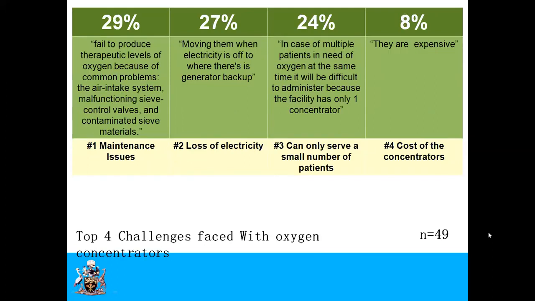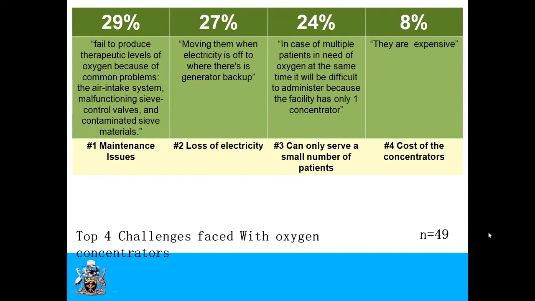Those with concentrators, the issues were a little bit different. The first one was maintenance issues, and this is also supported in what you find in the literature. They fail to produce the level of oxygen that you require, or they simply malfunction, and they have to wait until they are repaired. The second one, as one would expect, is the loss of electricity.